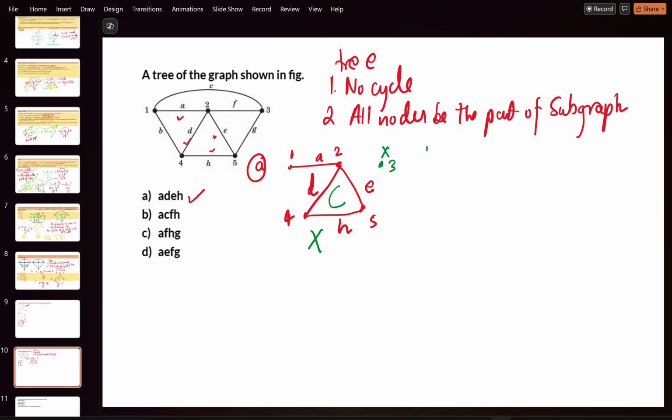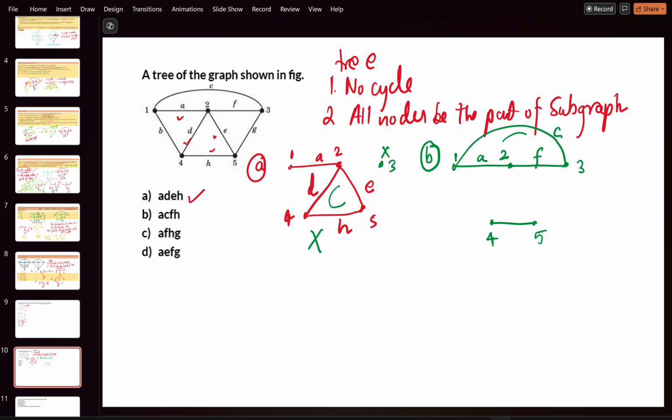Okay, let's see the B part. In B, A connects nodes 1 and 2, C is basically like this, connecting 1 and node 3, F is connecting 2 and 3, and H is basically connecting 4 and 5, like this.